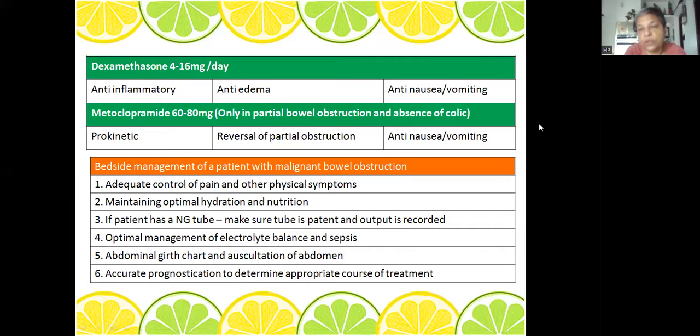Prognostication is very important. Then only we can decide what to do further, what management we will do for the patient. So the appropriate course of treatment depends on these things.